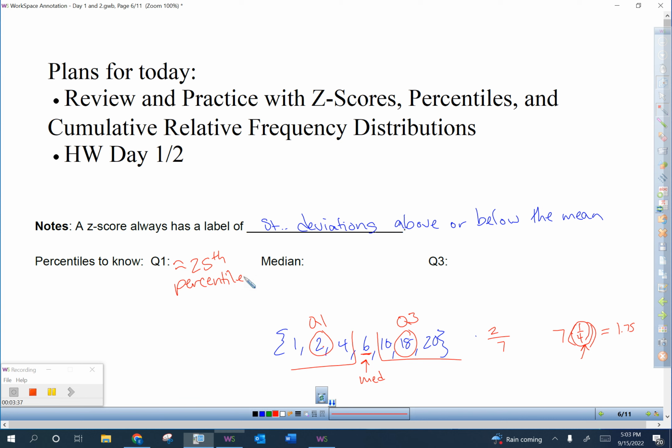So when you don't have the set, an approximation for Q1 is the 25th percentile. Same thing with median, that's the middle or the halfway point, which would translate to the 50th percentile. Okay, quartile 3 is a quarter of the way on this side, or 3/4, that's about 75%, so the 75th percentile. Okay, so those can be used as good estimates if we're trying to find where those quartiles land.